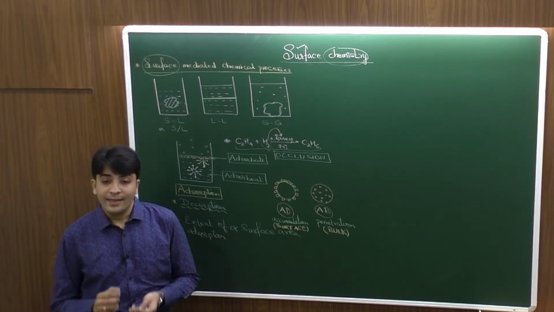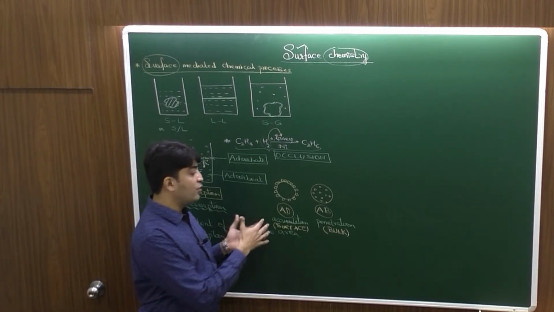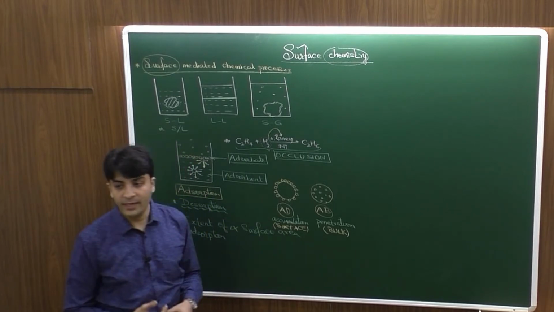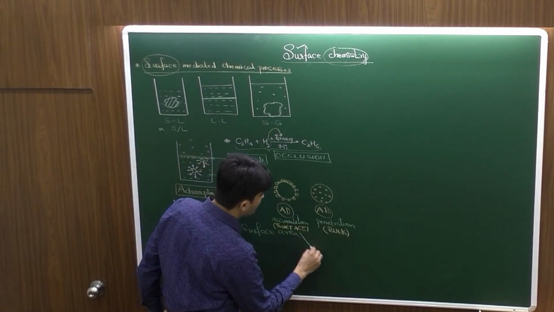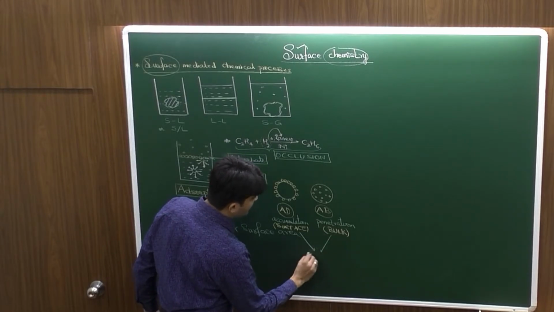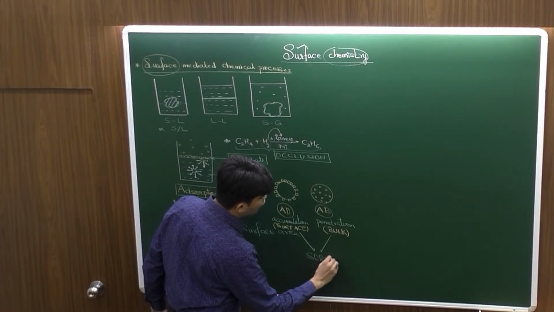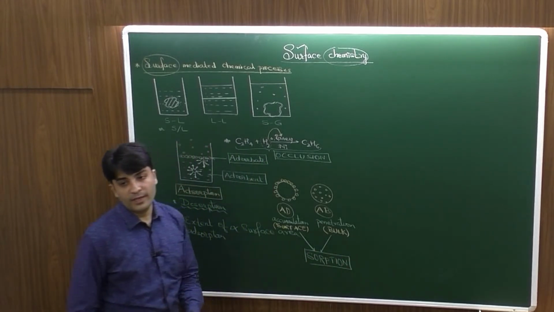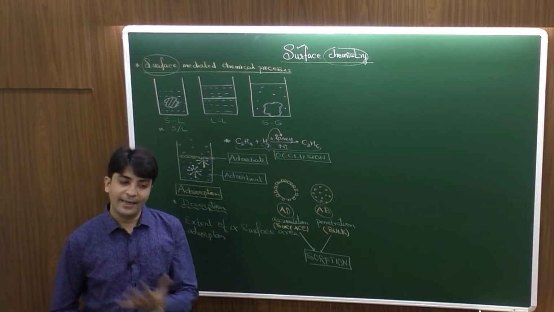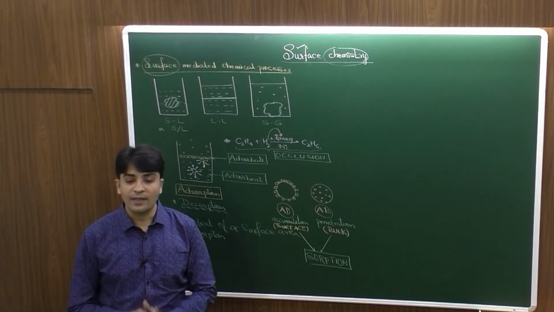Clear? There are many examples in which adsorption and absorption may occur simultaneously. When these two processes occur simultaneously, then we use the word sorption. Sorption is a process in which adsorption and absorption occur simultaneously.